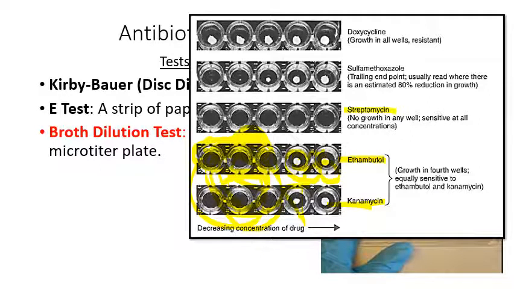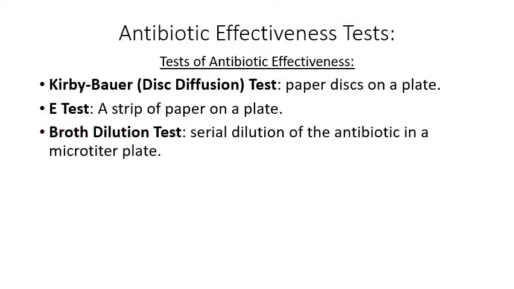Whereas streptomycin is clearly more powerful with this particular antibiotic because it kills through all of these, and sulfamethoxazole is less effective still because there's some bacteria growing there, right? So if you get no bacteria growing until the fourth well, that's good. If you have no bacteria, that would be the case of kanamycin. If you have no bacteria growing until you get to the fifth dilution or the sixth dilution, that's much better.